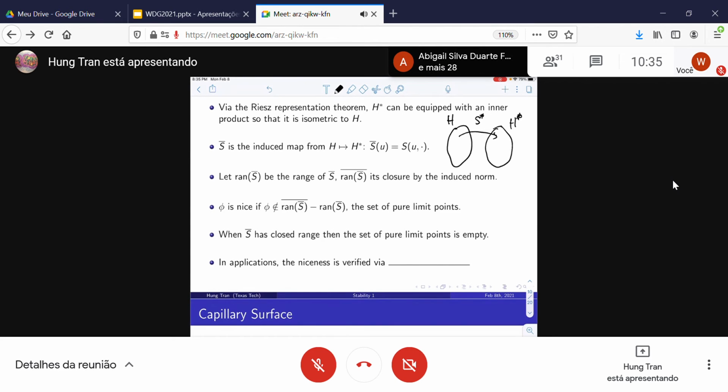And actually, some people already looked at that situation when the bilinear form is very special, like it has closed range. But our point of view is slightly different. We don't want to put any assumption on the symmetric bilinear form. We want to put the assumption on the continuous functional.